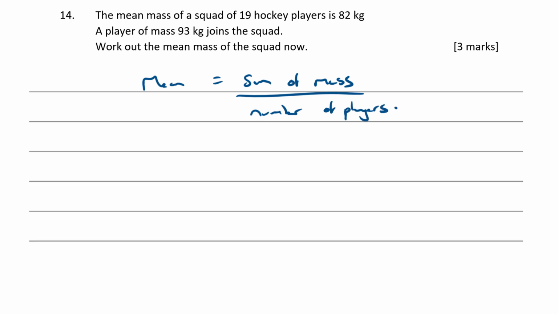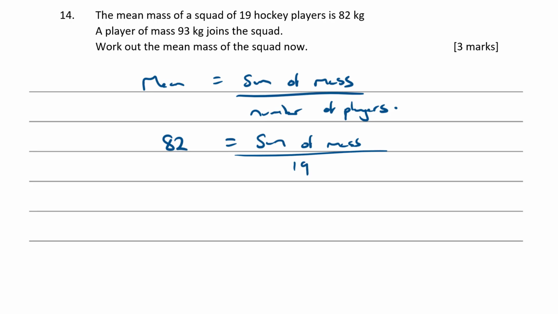In this case, we're told that the mean mass of 19 players was 82. So 82 equals the sum of their masses divided by the number of players, 19.